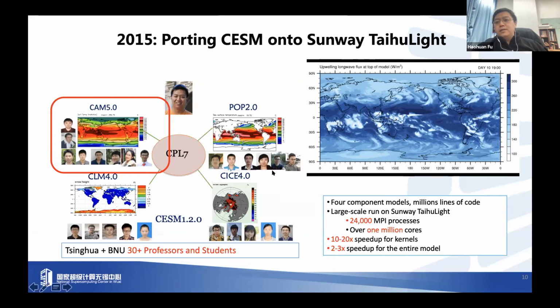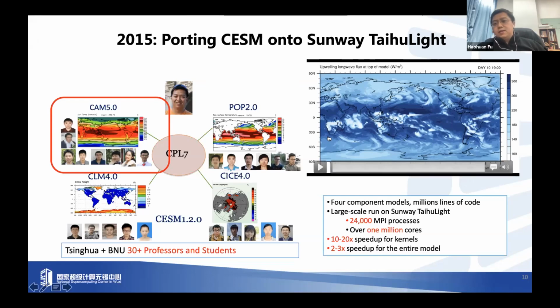So we had a very intensive project, a 3-month project, trying to port over 1 million lines of code onto this very new supercomputer and trying to make it run. So when I look back at the project, I was surprised that we actually managed to accomplish our primary goal, that is trying to make it run, okay, and then trying to make it run not so slow on this new architecture.